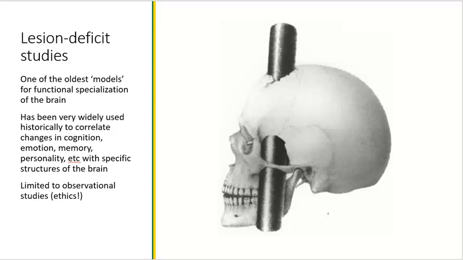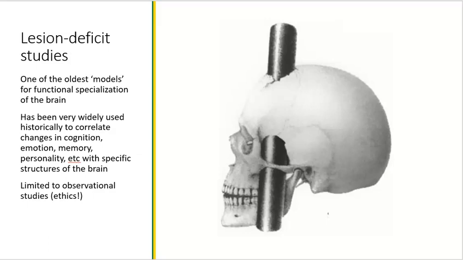He was a railroad worker, and there was an accident, and he got a pipe through the skull. He survived, but his behavior changed a lot. The pipe went through his left frontal lobe, and one of the main things they noticed was a real change in his personality.